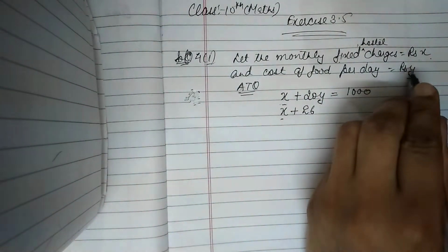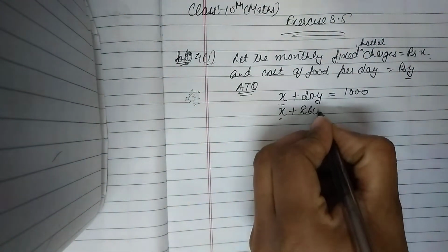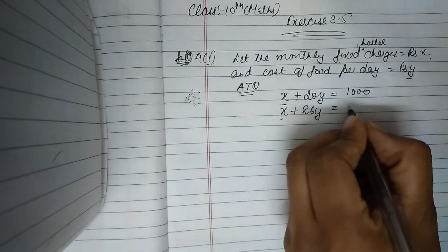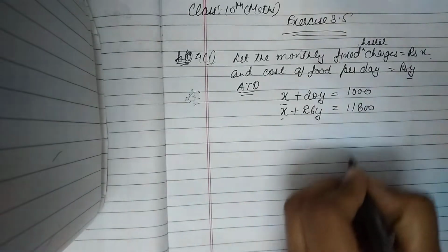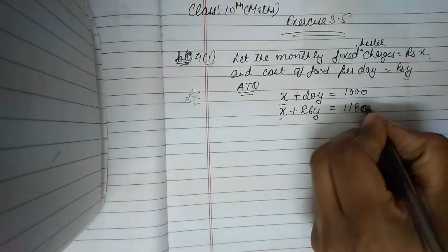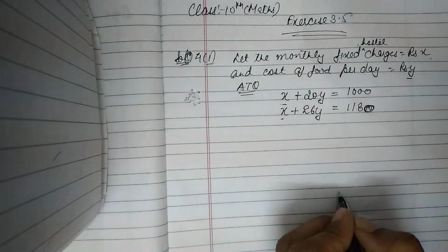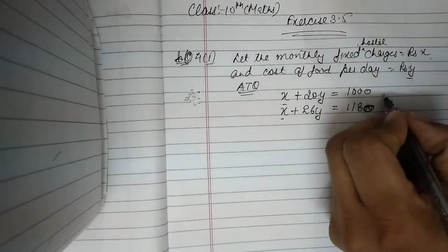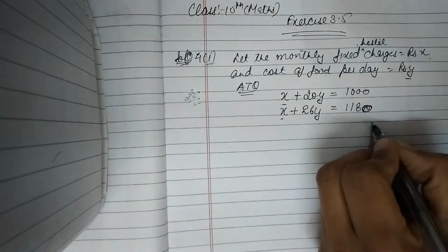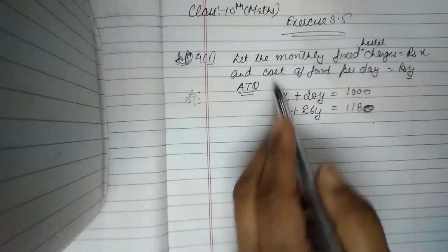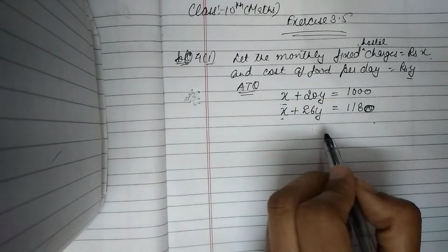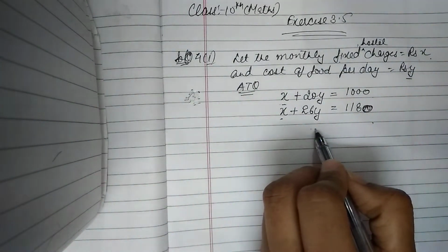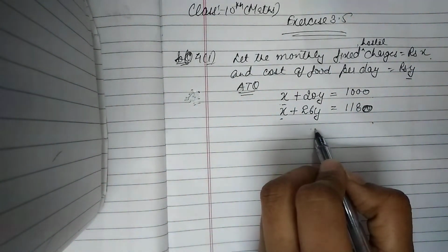One day costs Y rupees, so 26 days cost 26Y, and the total student B has paid is 1180 rupees as hostel charges. Now consider these the first and second equations. This question is a part of exercise 3.5, so I am solving it by the cross multiplication method. You can solve with any method in exams, whichever you feel is easy.